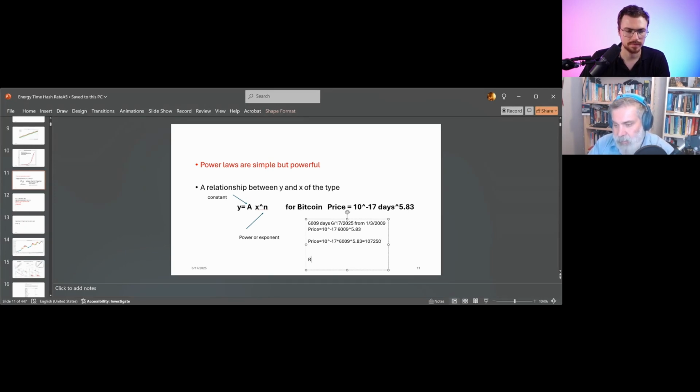So imagine I want to know how many more times Bitcoin is going to be valued in 20 years, or 10 years from now, or whatever. So you do this: you take this ratio between the time you're looking at in the future. Right now, Bitcoin is 16 years old. In 10 years, it will be 26. So you write down the age of the system, 10 years from now, if you want to project it 10 years ahead.